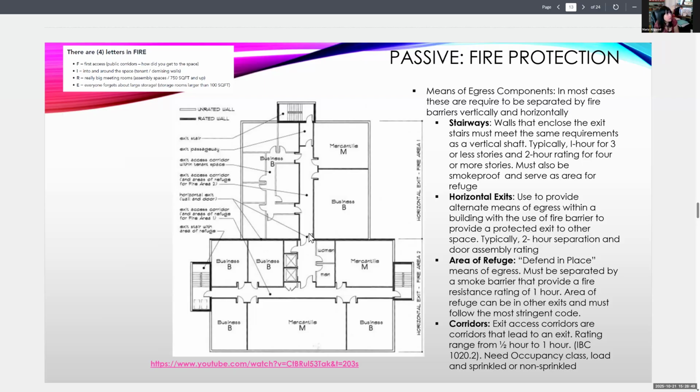Horizontal exits right here, all these. Okay, this is a key, you guys: whenever a door or any type of penetration is on a fire rated wall, that element must be fire rated as well. That is the number one rule.